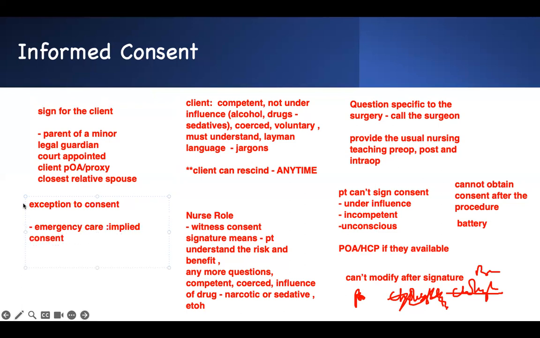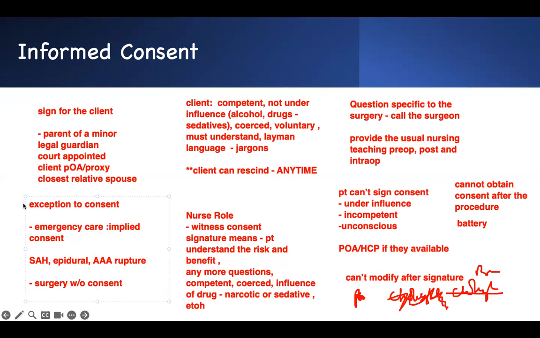So if you come in with a subarachnoid hemorrhage, severe headache, epidural hematoma, or maybe aortic AAA rupture, and you are comatose, and we cannot get a consent from you, the doctor will take you to surgery without a consent. This is what we call implied consent.